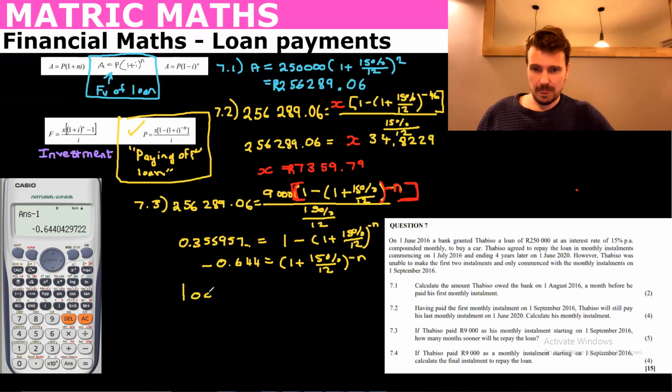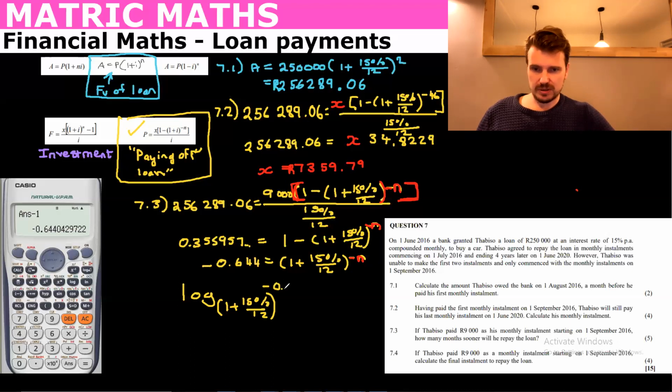By the way, I'm going to solve for minus n, so let's just keep this minus n in red. Log base. So the base is the bit in yellow, because the base is the thing at the bottom of the exponent. 15% over 12.